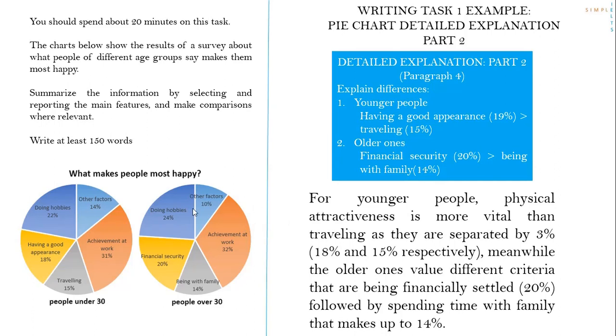Meanwhile, the older ones, I mean people over 30, value different criteria that are being financially settled, 20%. Being financially settled has the same meaning with financial security, and then followed by spending time with family, that makes up to 14%. Being with family has the same meaning with spending time with family, that makes up to, or that consists of, that accounts for 14%. They have the same meaning.